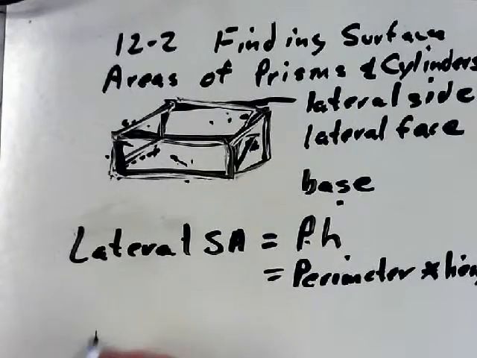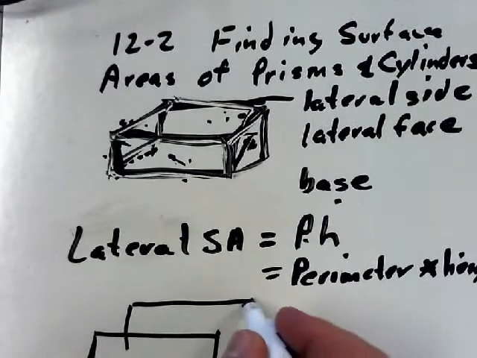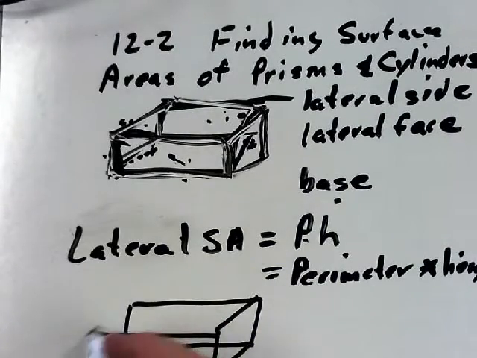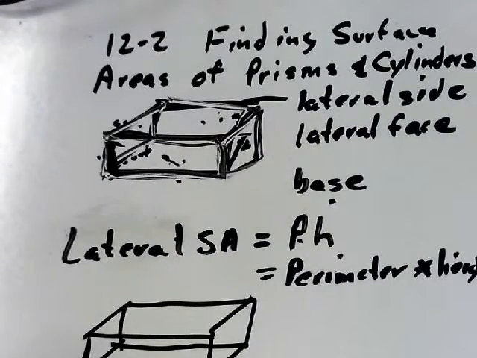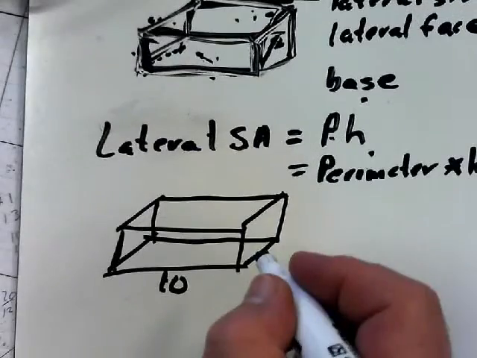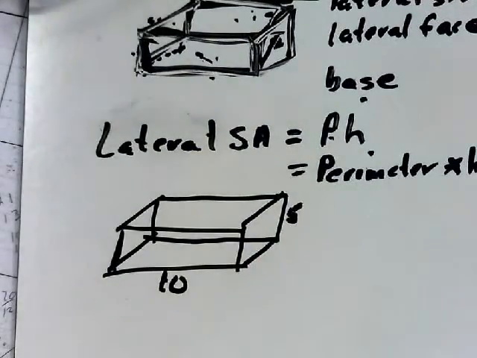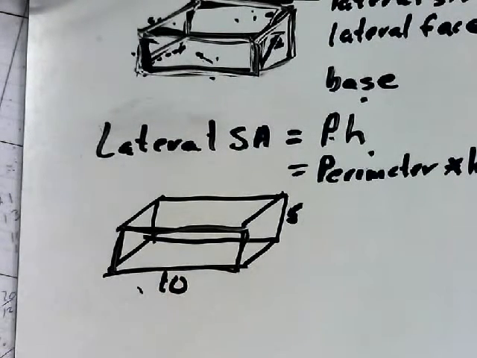So if I had this little box, try and draw it again. If I knew this was 10, we can't see it, and this was 5, can I find the area of this part right here? Yeah, by doing what? 10 times 5.